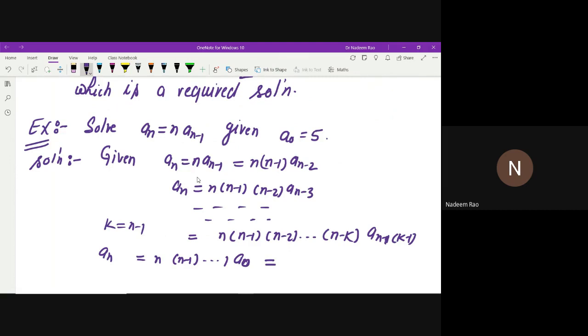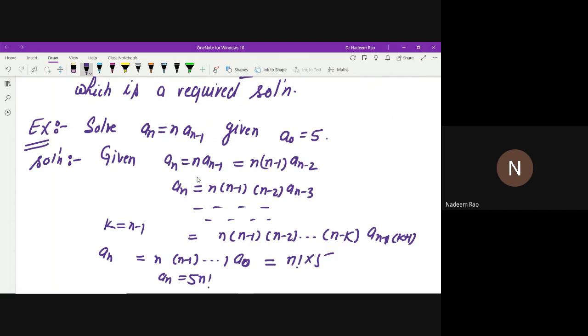It should be plus 1. Okay, a naught. So it is n factorial. What about the value of a naught? That is 5. So a_n equals 5 times n factorial, which is the required solution.